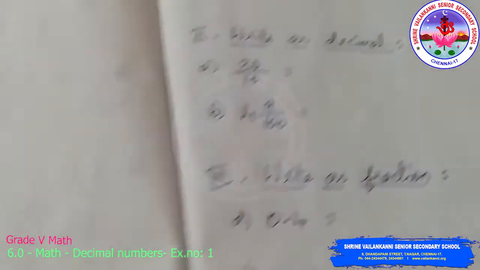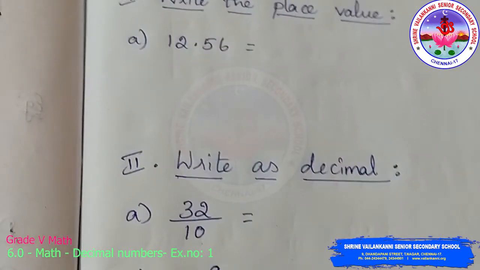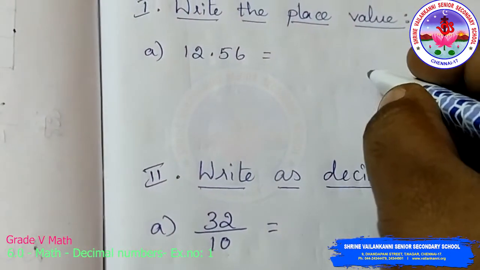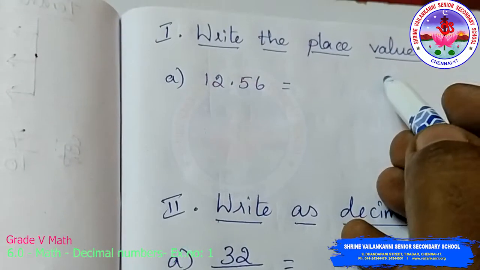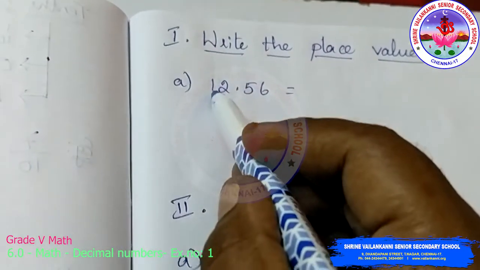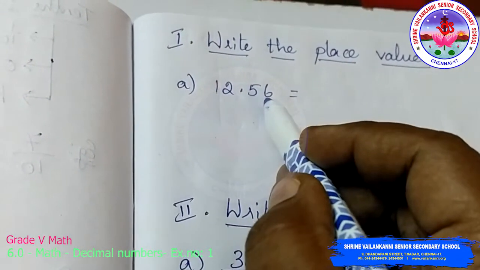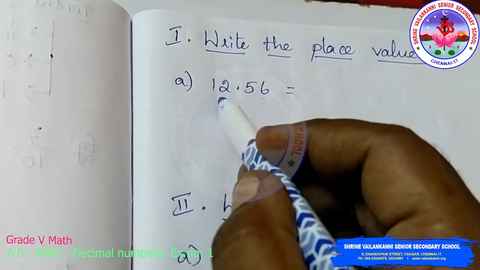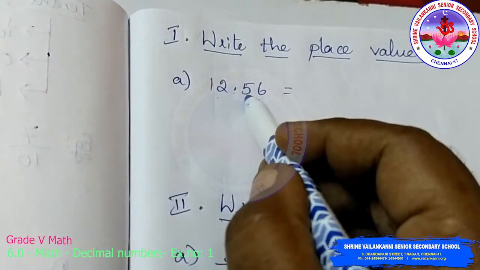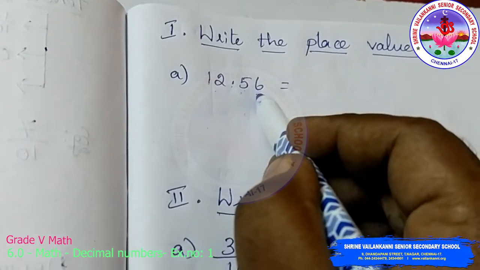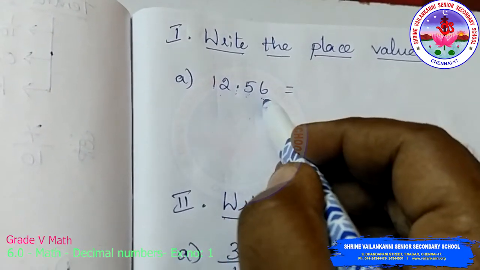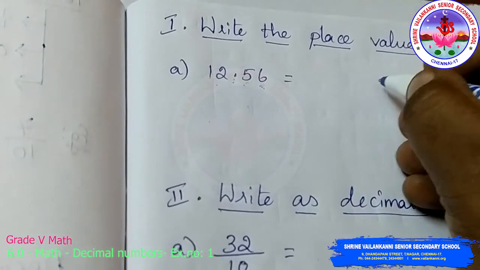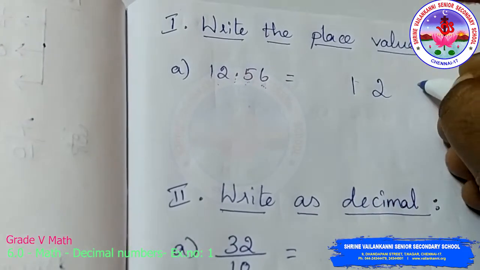Okay. With the exercise sums, I am going to show you just one example. Write the place values for the given decimal number: 12.56. This number is your whole number, and after the decimal you will call it 56. So first write the number.